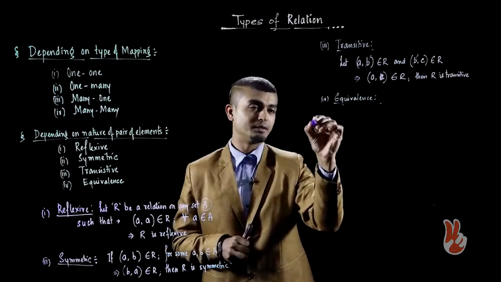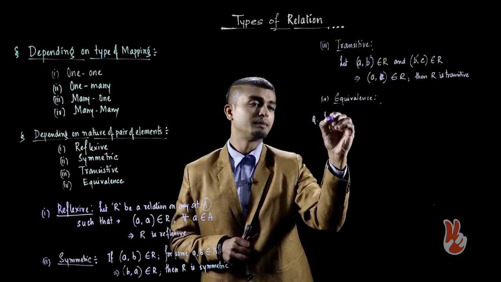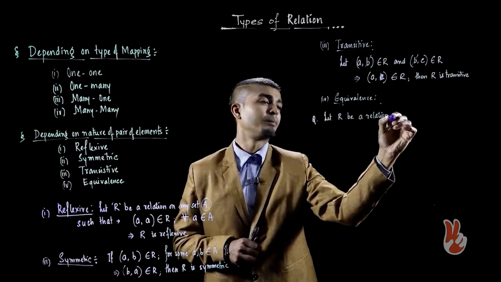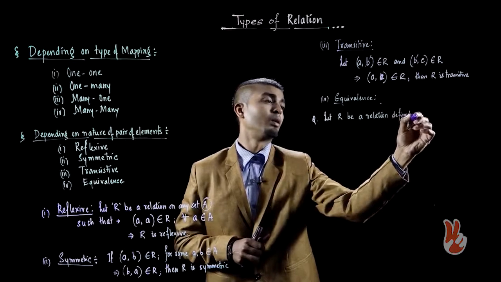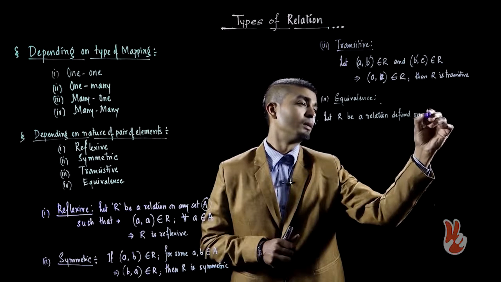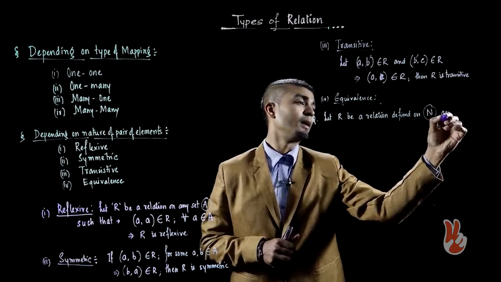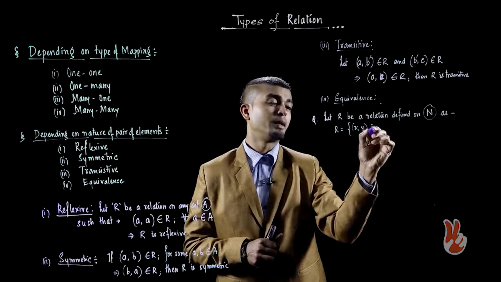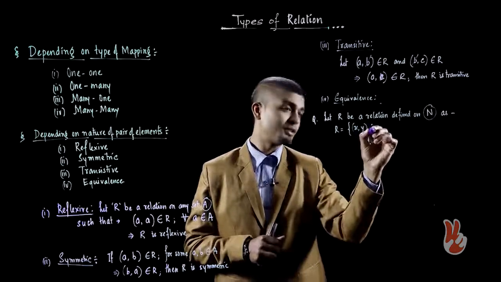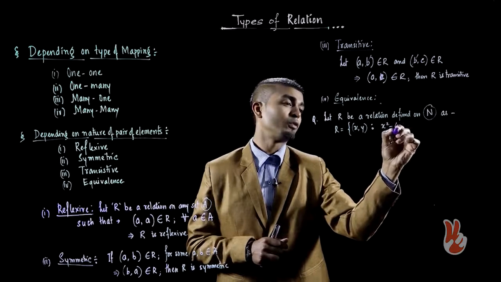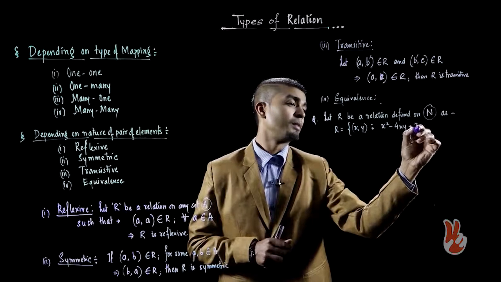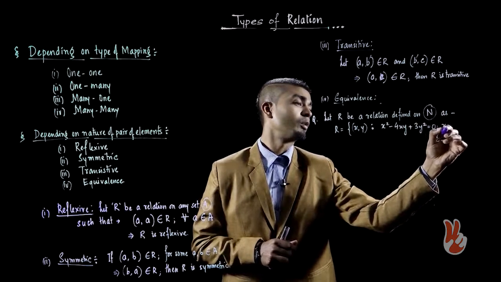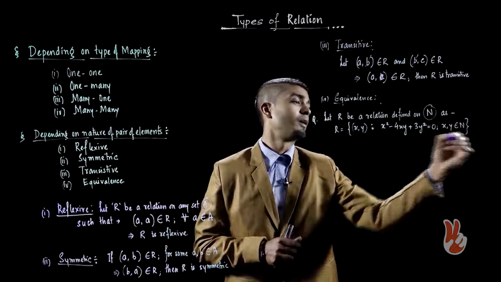So, the question goes like this. Question: Let R be a relation defined on the set of natural numbers N as R equal to {(x, y)}, any general pair in the relation R, such that it follows this guiding equation x² − 4xy + 3y² = 0, where both x and y belong to the set of natural numbers.